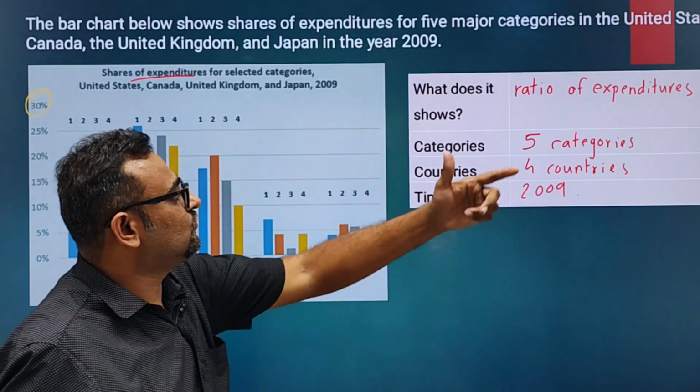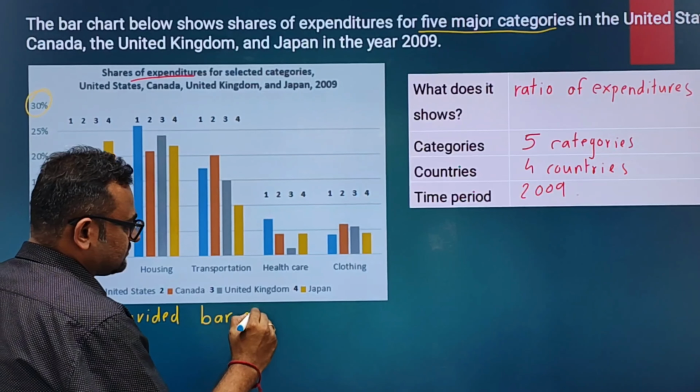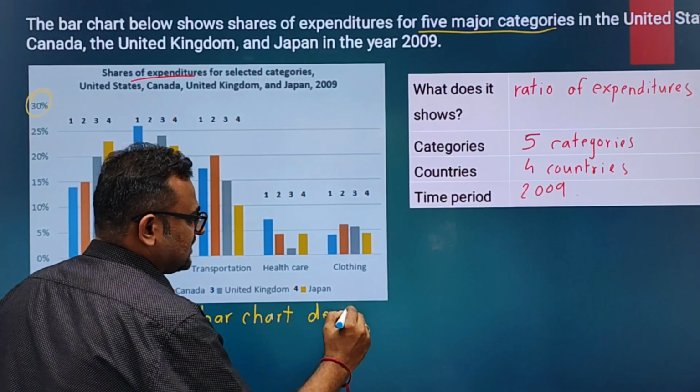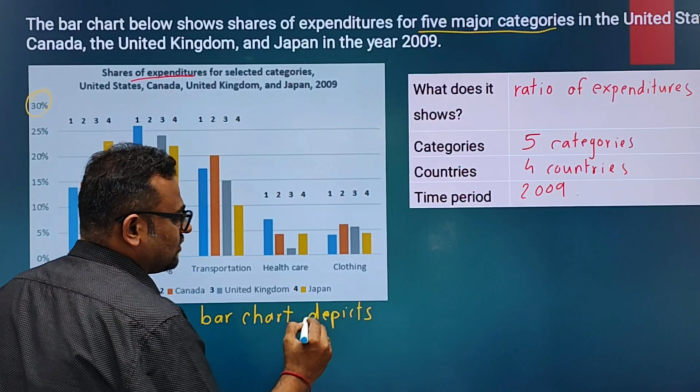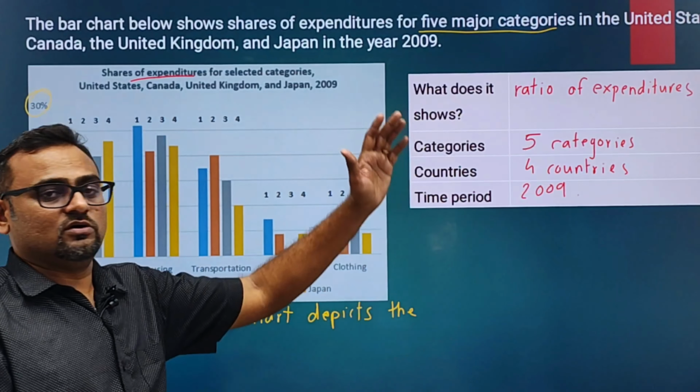So in the basic format, the provided bar chart depicts. As it's a single bar chart, I will use the word depicts. What does it show?